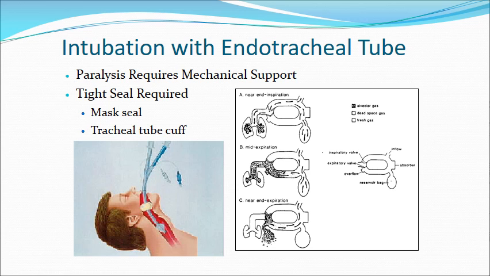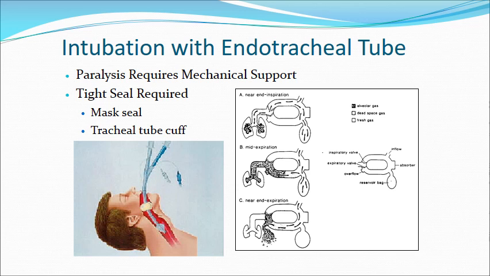And this requires intubation with an endotracheal tube, which is positioned using a laryngoscope past the epiglottis to make sure that it goes into the lungs. And then a tight seal is achieved by inflating a balloon at the end of the endotracheal tube.